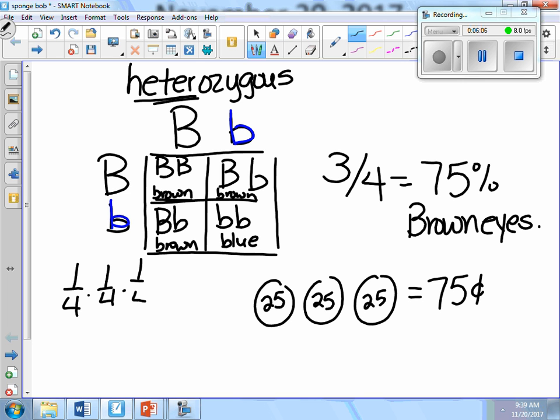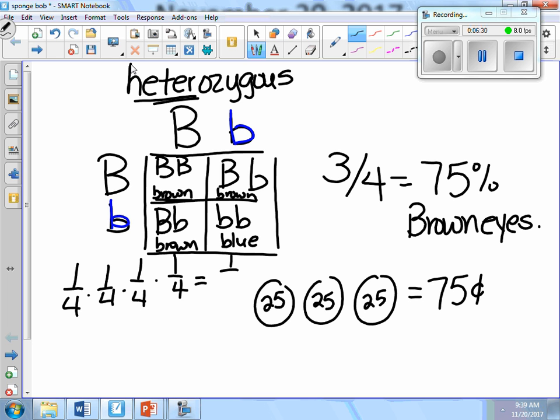If they have 4 babies, what are the odds? Yes, that's the odds. 3 will have brown, 1 will have blue. But if they have 4 babies with blue eyes, what were those odds? Do you know how to do this? 4 times 4 times 4 times 4. 4 times 4 is 16.